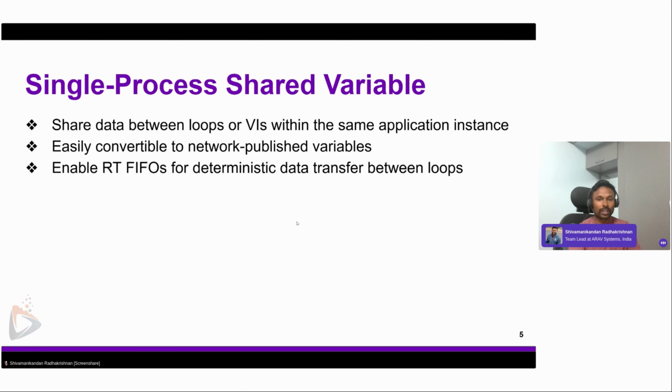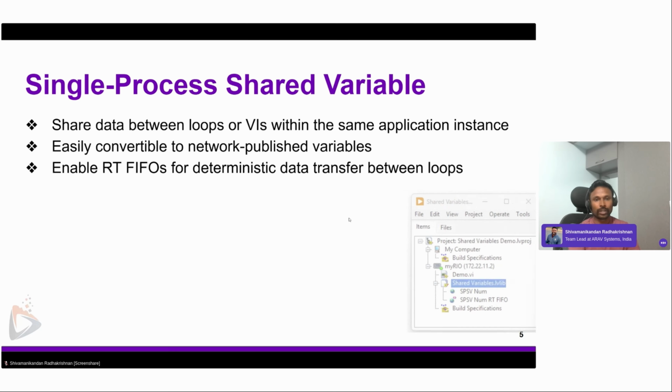You can also achieve deterministic data transfer between loops by enabling this RT FIFO option that I will show you in a bit. What more advantage do we get by going to shared variable? The only advantage over a global, especially the single process, is that it's easily convertible into a network published shared variable at a later time.